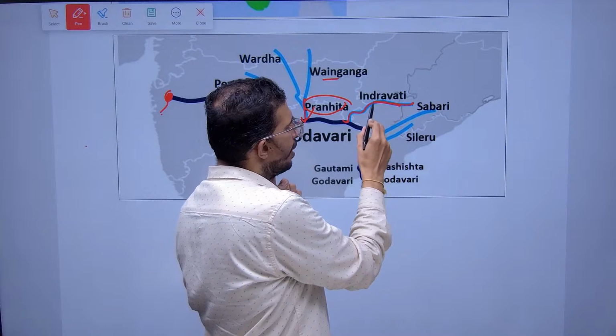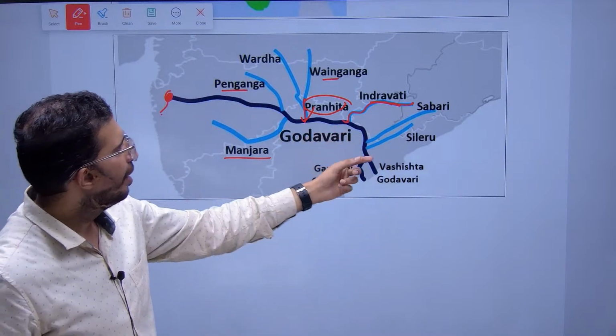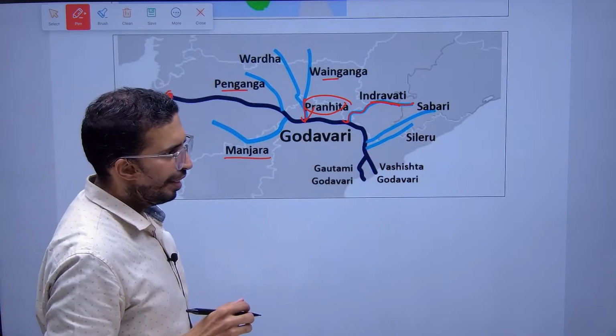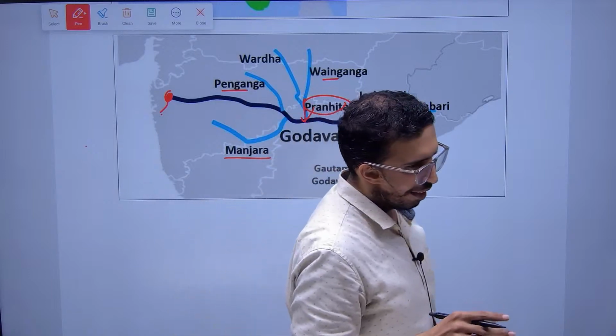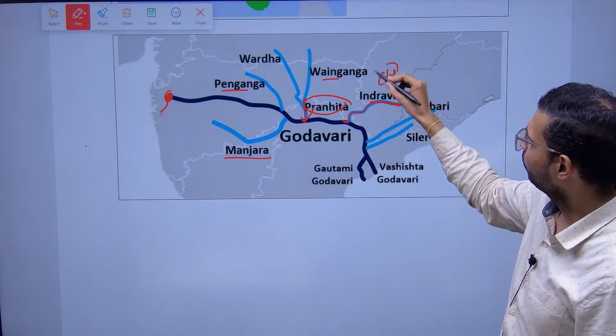Indravati acts as a natural border between Maharashtra and Chhattisgarh. Then Sabari and Sileru. If you see, the Indravati Tiger Reserve is also there. This is in Chhattisgarh.